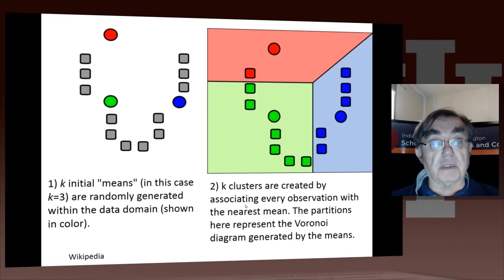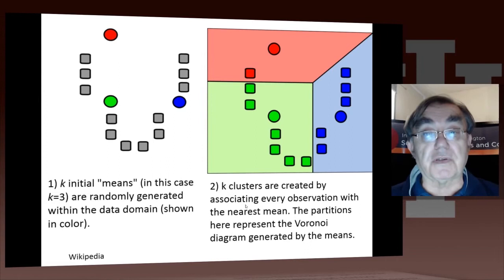Then we do the first step in the K-means algorithm. We associate points with centers. If you look at it, you can see that you will find 5 blue points associated with the blue circle, 5 green points associated with the green circle, and just 1 red point associated with the red circle.